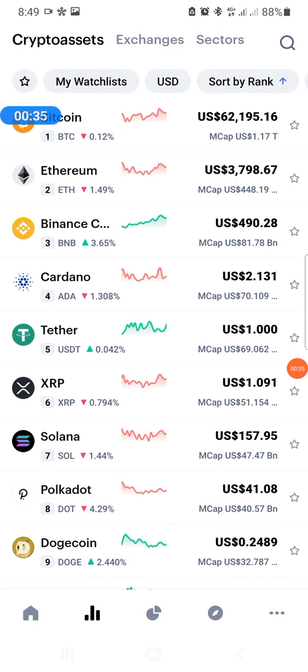Blockchain technology can be defined as a decentralized application that records the transactions of digital assets.